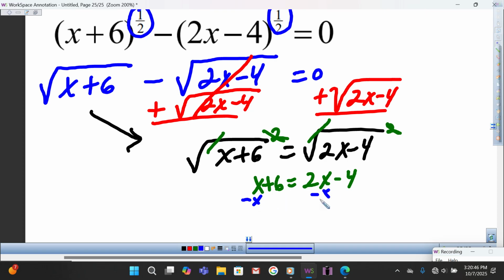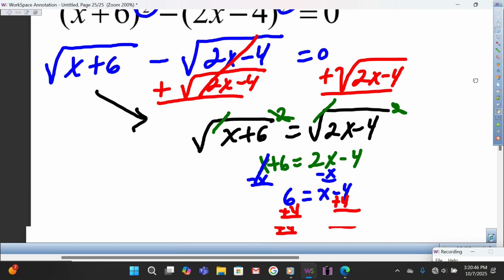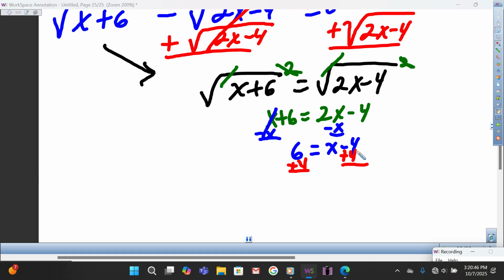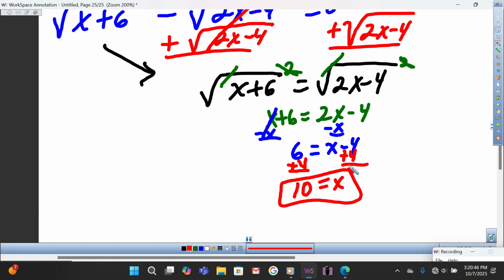The x, minus x minus x. That leaves us with 6 equals x minus 4. And what's our last step? Plus 4 plus 4. Therefore, see what I did there? Therefore, 10 equals x. Yes.